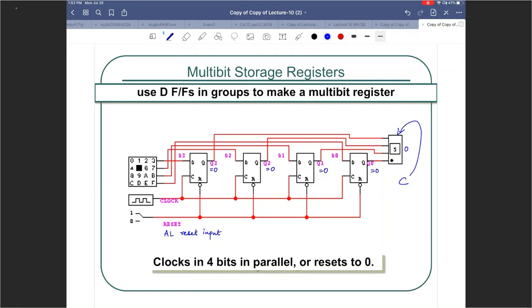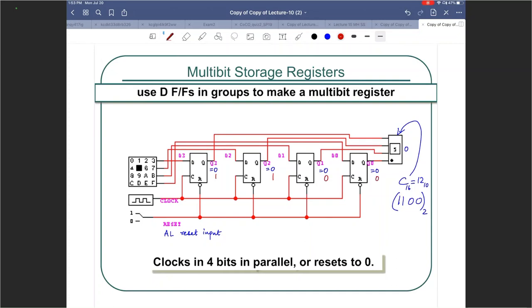Well, C is A, B, C, 10, 11, 12. So C is 12 in decimal, right? So 12 in decimal is what? 8 plus 4 in binary. So I need this to change to 1, this to change to 1, this can continue to be a 0, this can continue to be a 0.